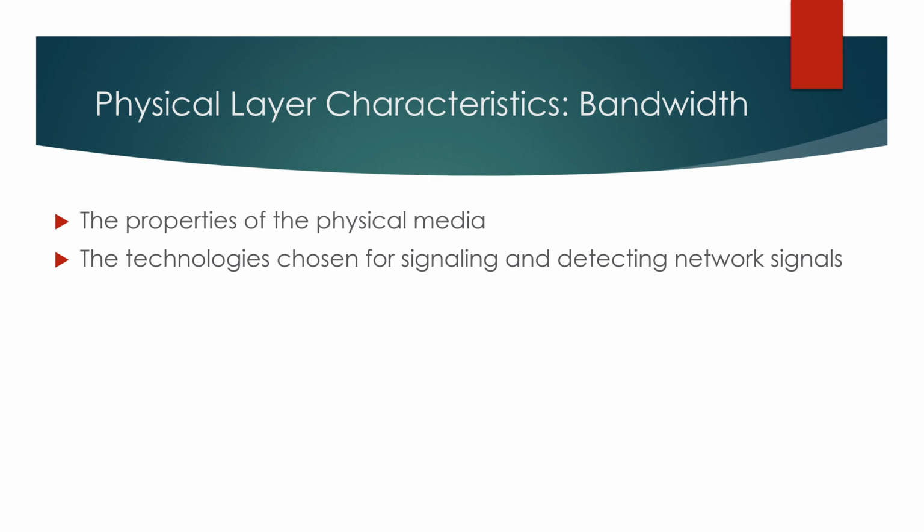A combination of factors determines the practical bandwidth of the network, and these are the properties of the physical media and the technologies chosen for signaling and detecting network signals. Physical media properties, current technologies, and the laws of physics all play a role in determining the available bandwidth.